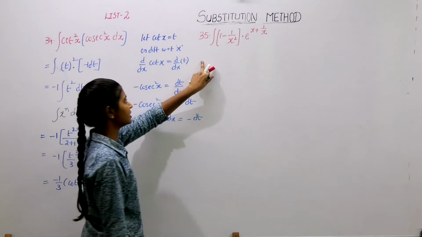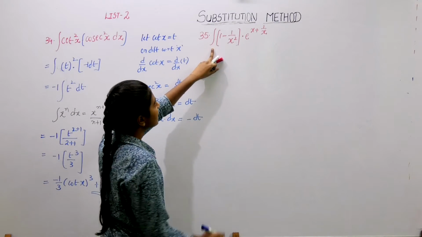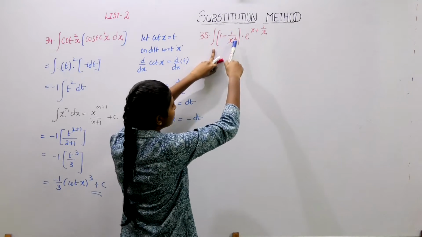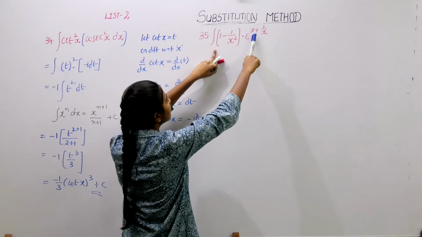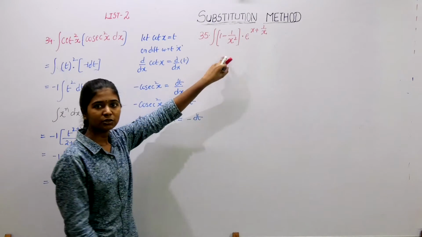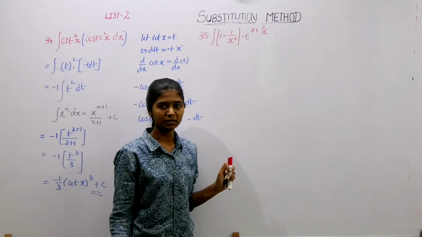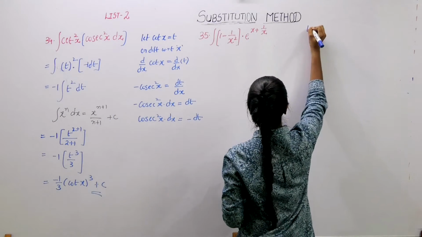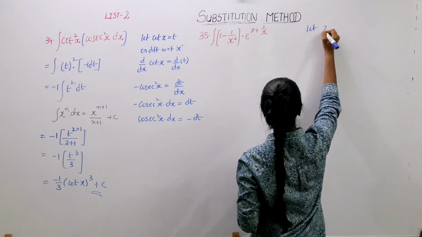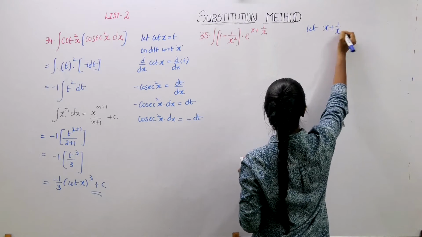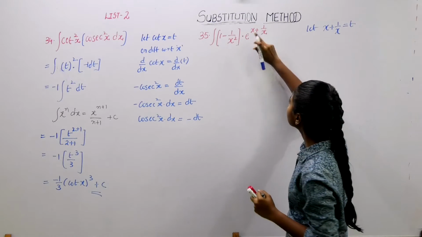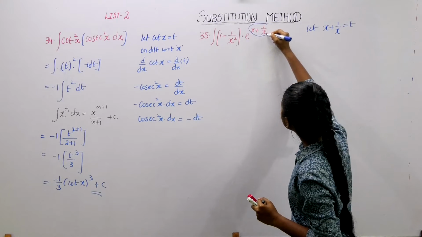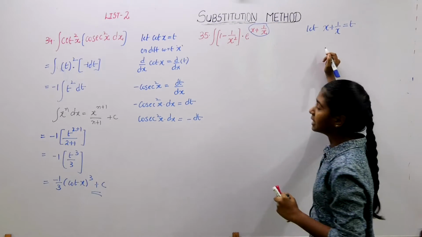Next, the 35th question. It is given as integral of 1 minus 1 by x square into e power x plus 1 by x. To solve this, there is no direct formula. Again, we go for the substitution method. Let us assume x plus 1 by x is equal to t.